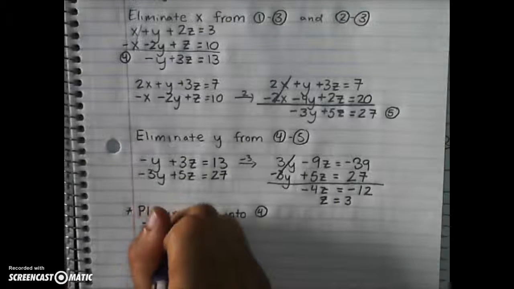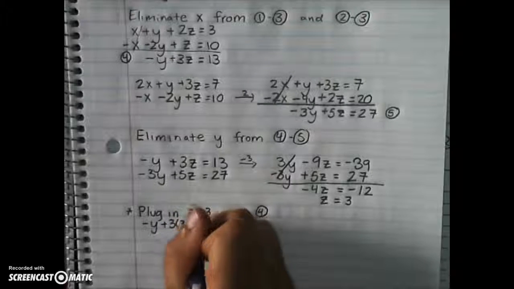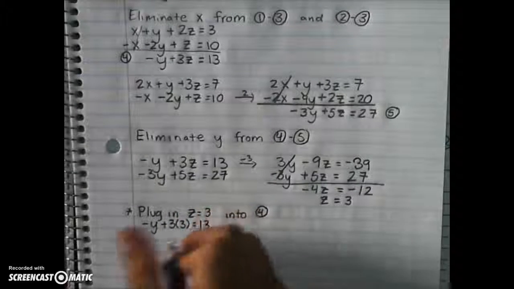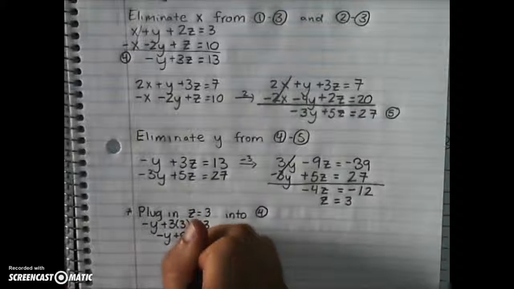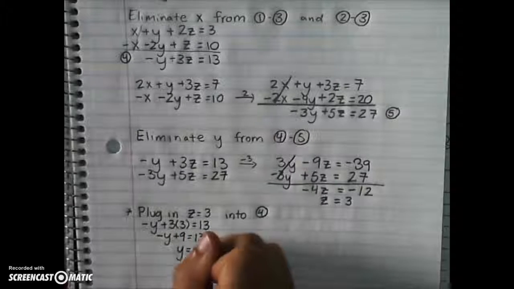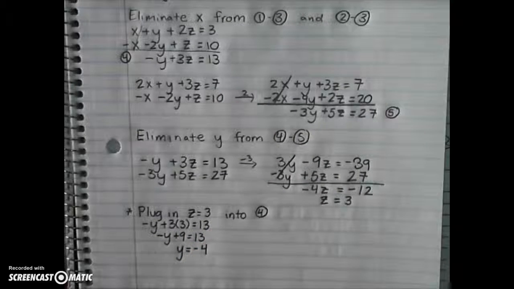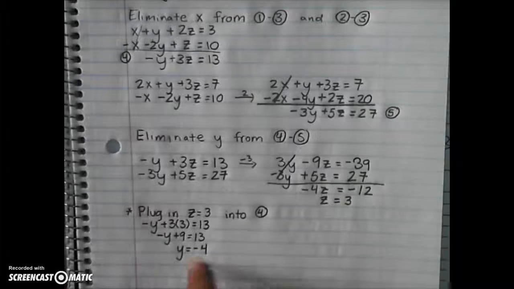Negative y plus 3 times 3 equals 13. Negative y plus 9 equals 13. y equals negative 4.